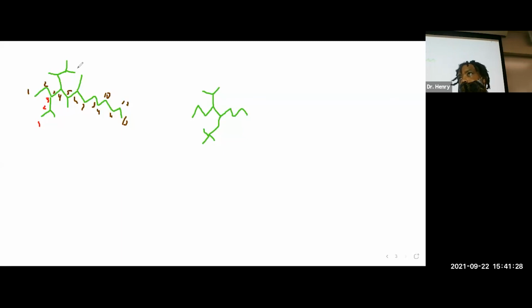Okay. So that's 1, 2, 3, 4. So this guy would give me 1, 2. This guy would give me 1, 2. This guy would give me 1, 2, 3. So we get rid of the brown. Ooh, this is getting good. Okay.